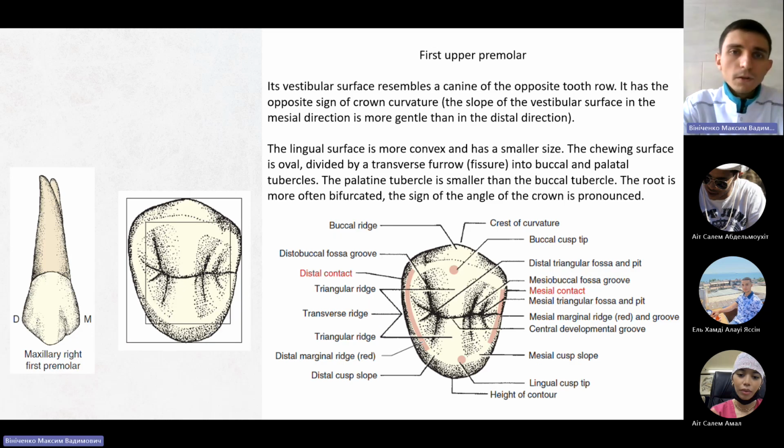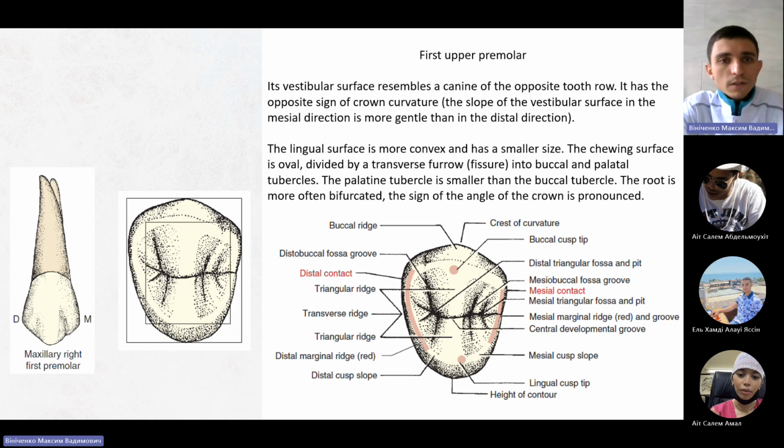First upper premolar. Its vestibular surface resembles the canine of the opposite tooth row. It has the opposite sign of crown curvature. The slope of the vestibular surface in the mesial direction is more gentle than in the distal direction.